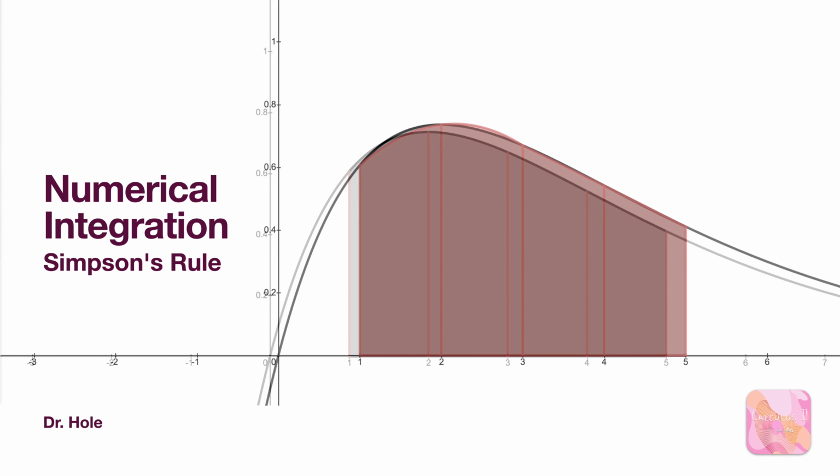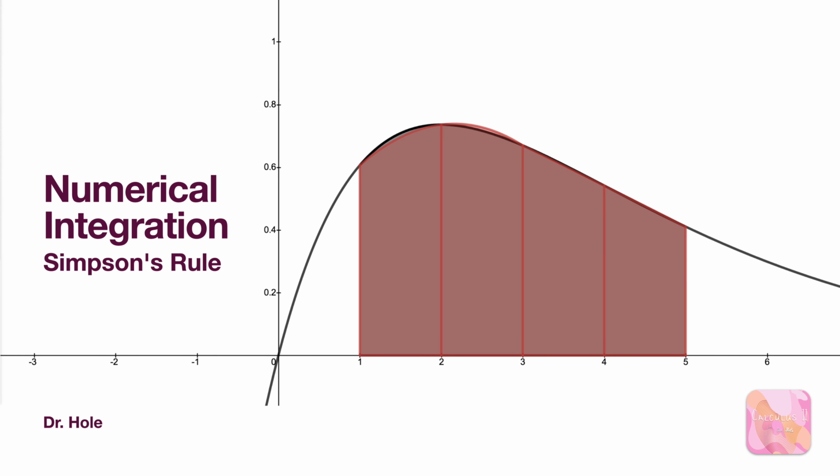And then come in and draw 2 polynomial functions, a P1 and a P2, where P1 is going to be defined over the first 2 subintervals, and then P2 will be defined over the second pair of subintervals.